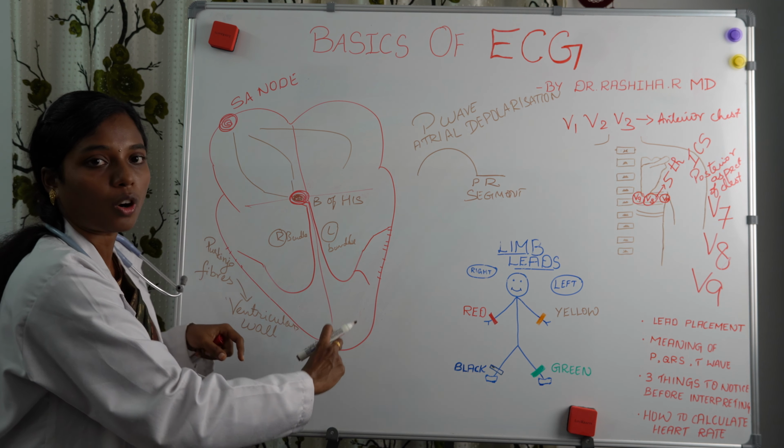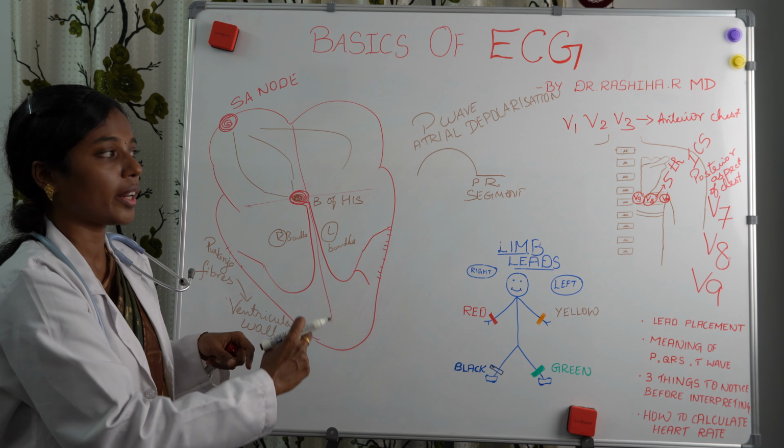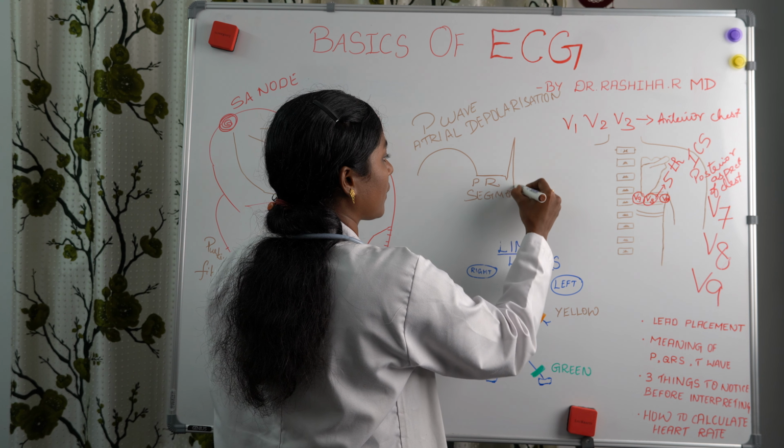Finally the ventricular wall is depolarized, or activated. That ventricular wall depolarization is seen in the ECG as the QRS complex.